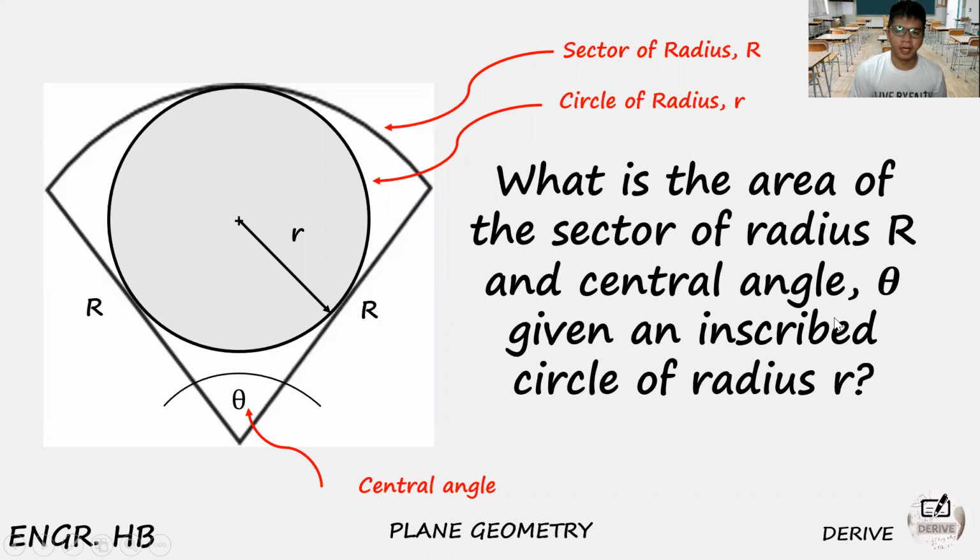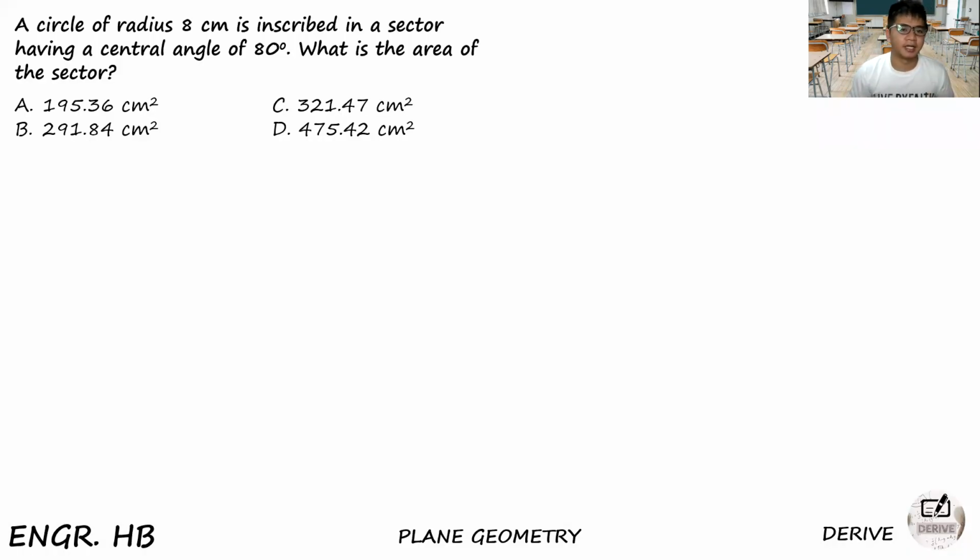So what is the area of the sector of radius capital R and with given central angle of theta given an inscribed circle of radius r? So this is just kumbaga pang front ko lang na picture for this presentation. But the real question here is a circle of radius 8 cm is inscribed in a sector having a central angle of 80 degrees.